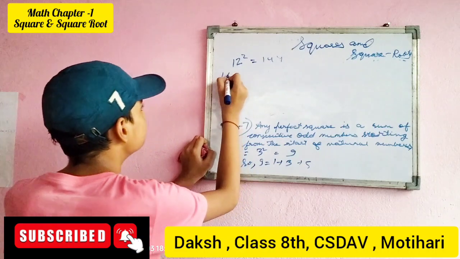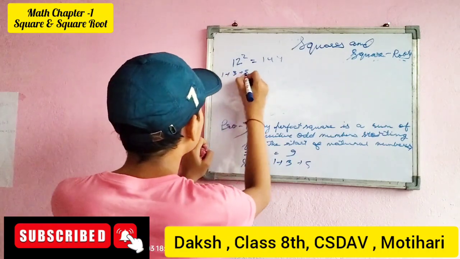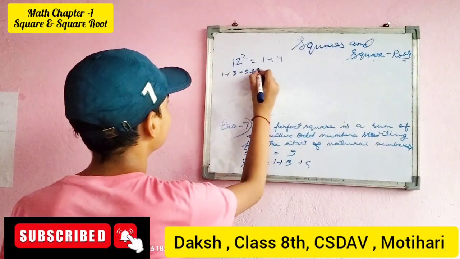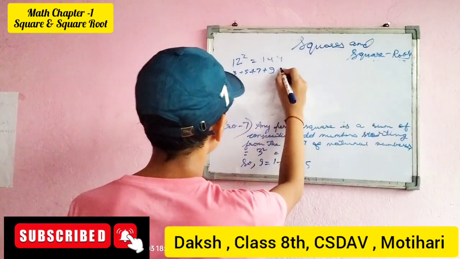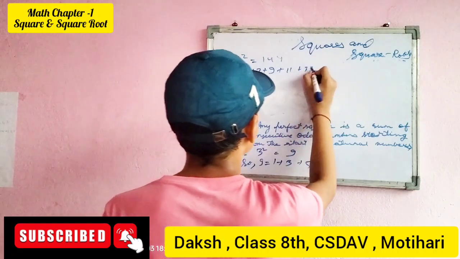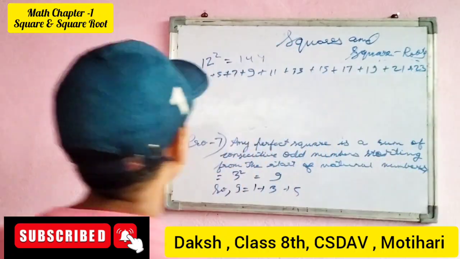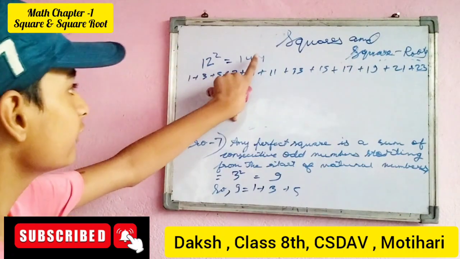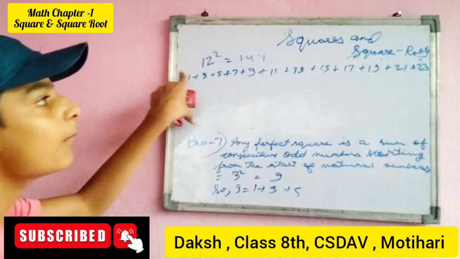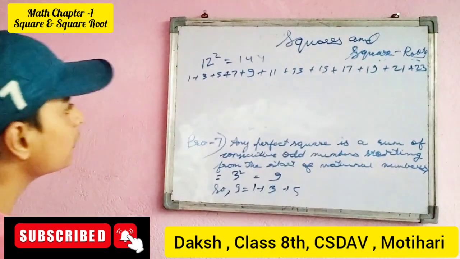This is 1 plus 3 plus 5 plus 7 plus 9 plus 11 plus 13 plus 15. So 12 square, 144, is the sum of all the consecutive odd numbers starting from the number 1.